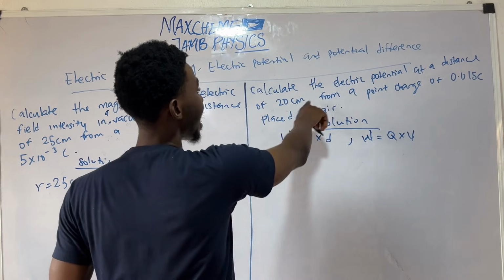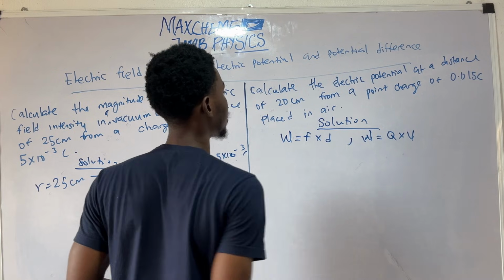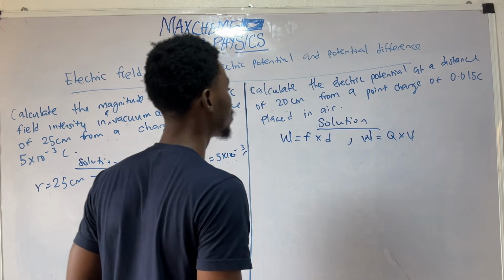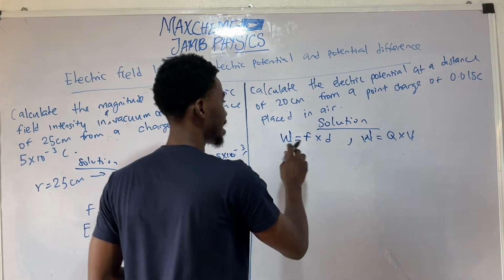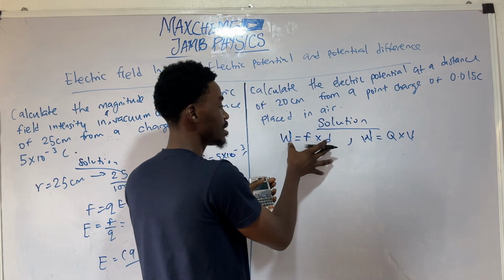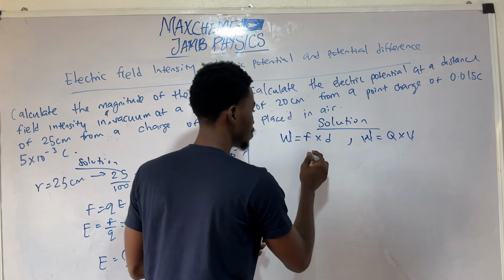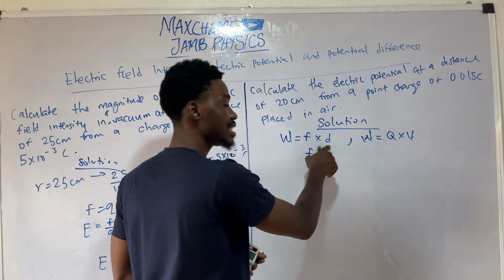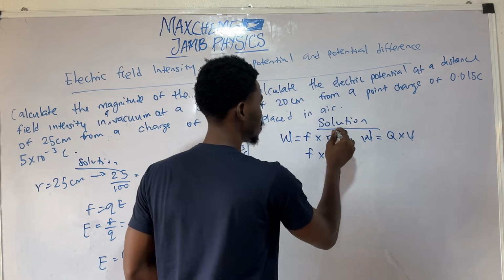And in this question, we are asked to find the electric potential. So how can we relate these two concepts? I can say, fine, let me equate the two formulas. So F, instead of D, let me write R to remain uniform.